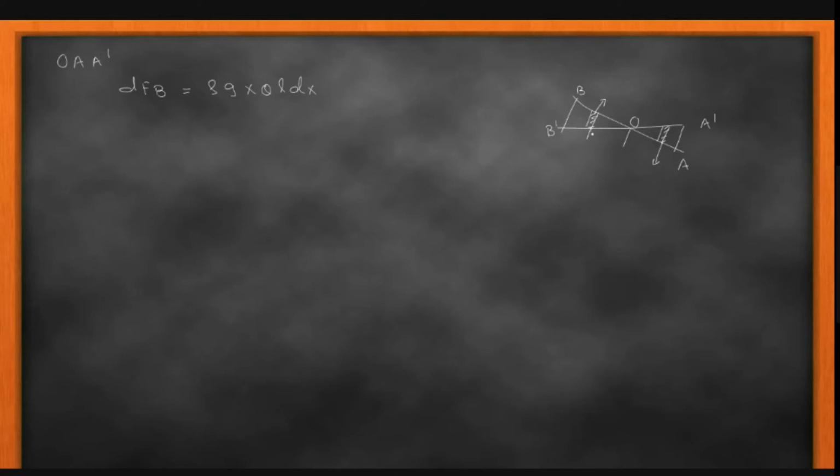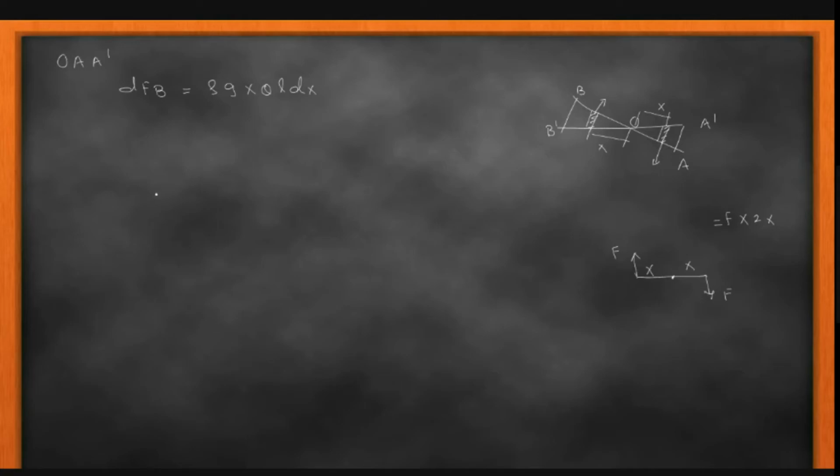The perpendicular distance from O is x over there, and on this side it is also x. So it creates a couple. Suppose I'm representing this point O, at distance x, one force is acting in the upward direction, another in the downward direction, and the intensity of the force is F. So the couple has a moment of the force F into 2x. This is the moment of the couple generated over here.